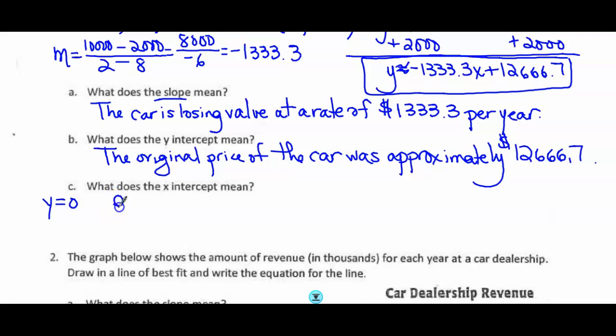So we say 0 equals negative 1333.3x plus $12,666.07. I'm going to add 1333.3x to both sides.